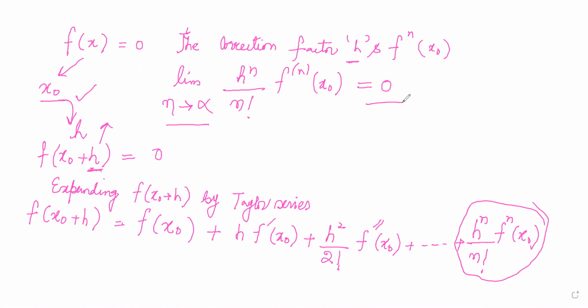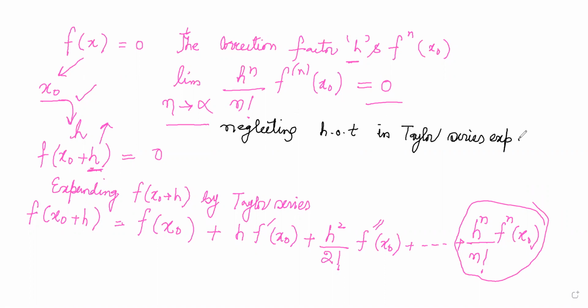So as we neglect the higher order terms in the Taylor series expansion, what will we get? f of x naught plus h is equal to f of x naught plus h times the first derivative at x naught.